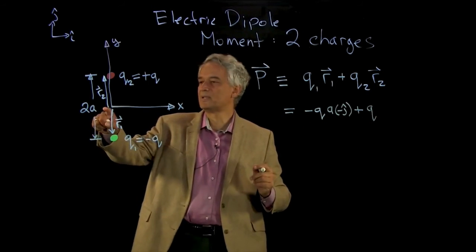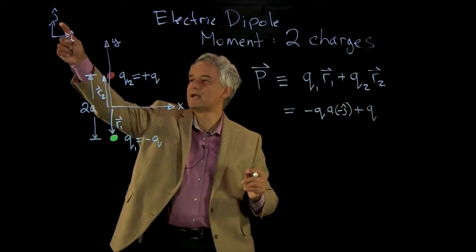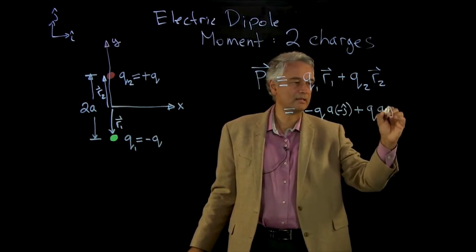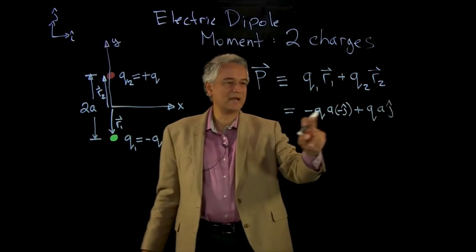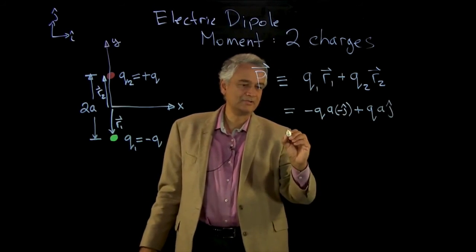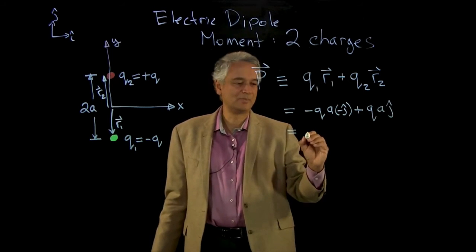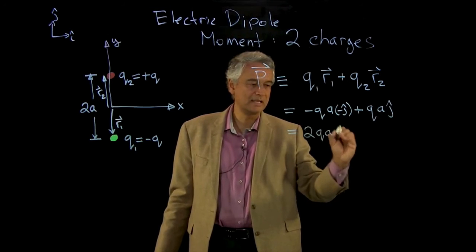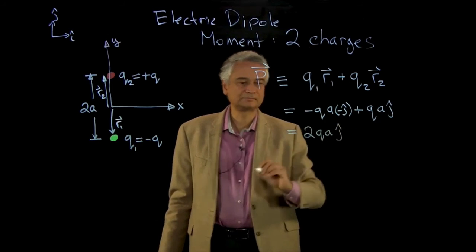R2 is a vector that points in this direction, so it's in the plus j hat direction, and once again it has length a. So I have Q, a, j hat. And you see two minus signs here, minus minus, that makes this plus, so these two terms add. And so we end up with an electric dipole moment given by 2 times Q times a times j hat.